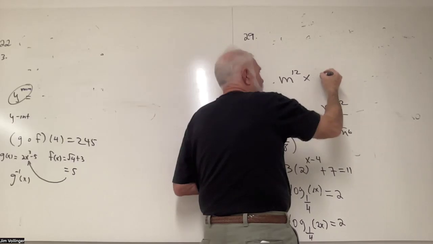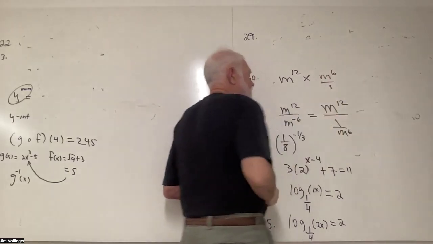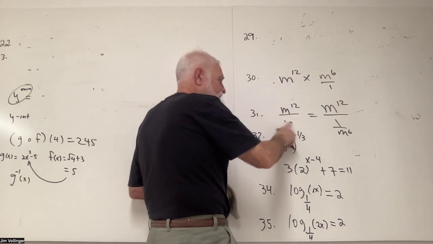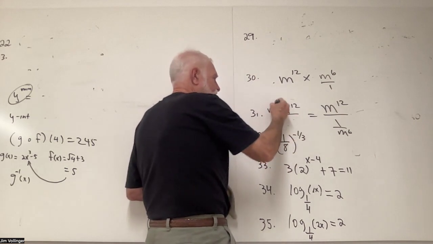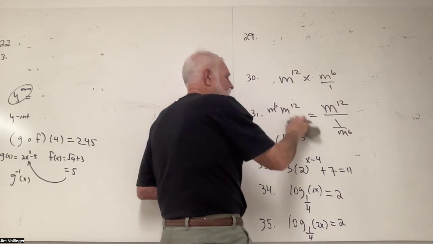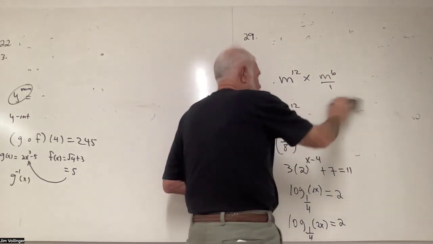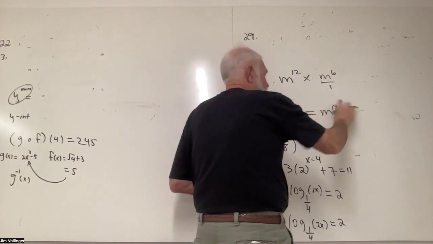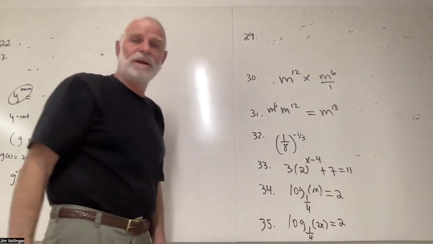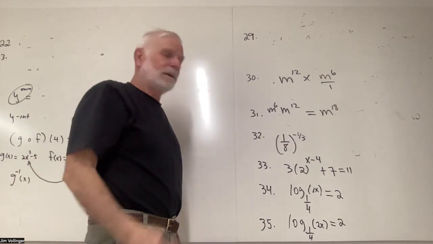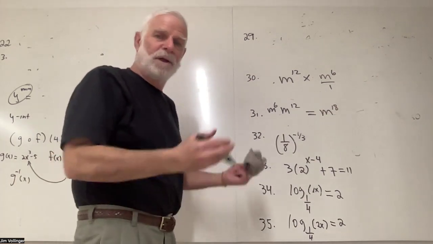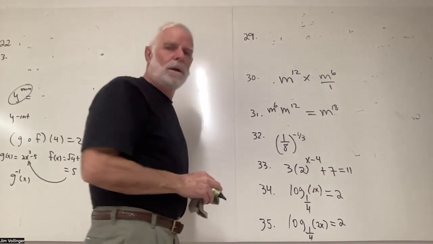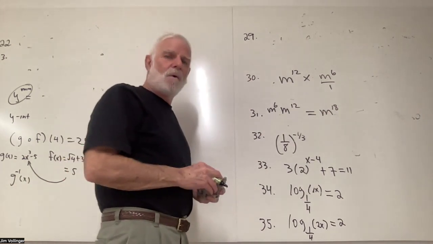So I'm going to do m to the 6 over 1. What do I learn from that? I can move negatives into the other position as positives. And so what is m to the 6 times m to the 12? M to the 18. We're going to keep doing those in future lesson sets, but if you want to replay it, go back. I know I'm talking fast, but replay it. Slow it down.